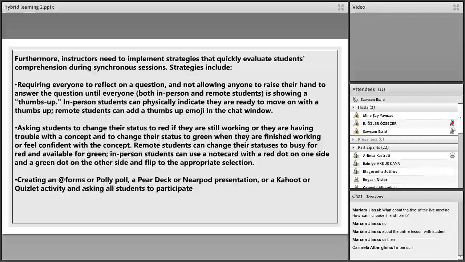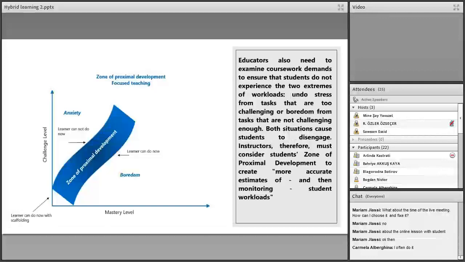And when the TT is over, I make them listen to the sound of a ring, and when they hear the sound of the ring, it means that the TT is over. Finally, creating an online form, Polls, Pear Deck, Nearpod presentation, a Kahoot or a Quizlet activity and asking all students to participate. Especially for young learners, they love Kahoot as well.